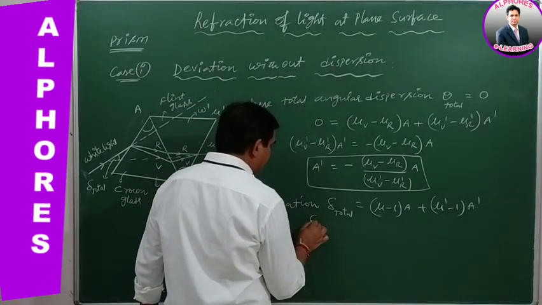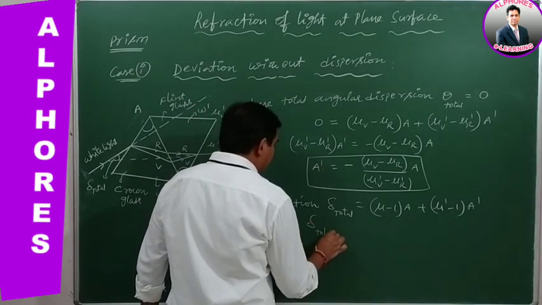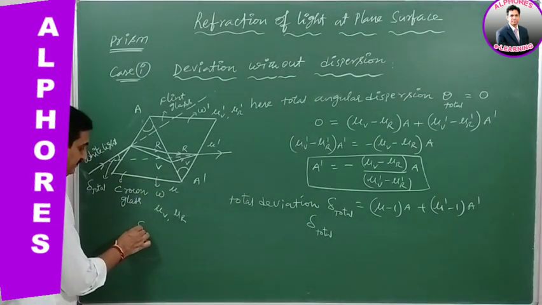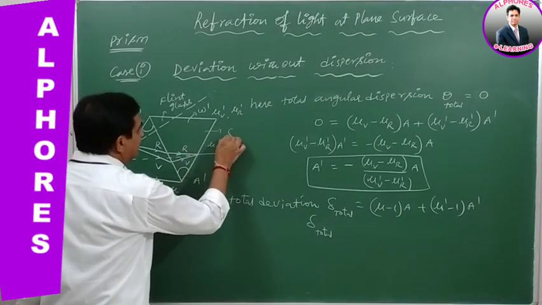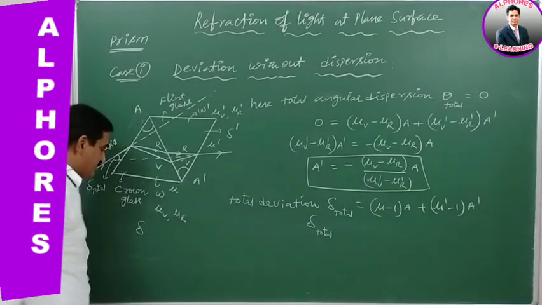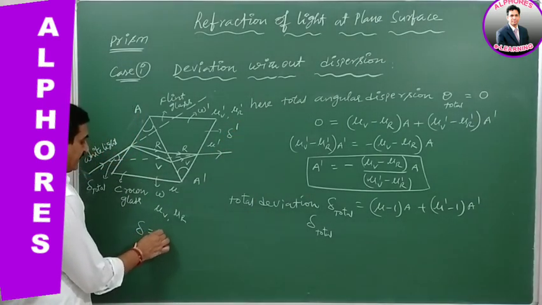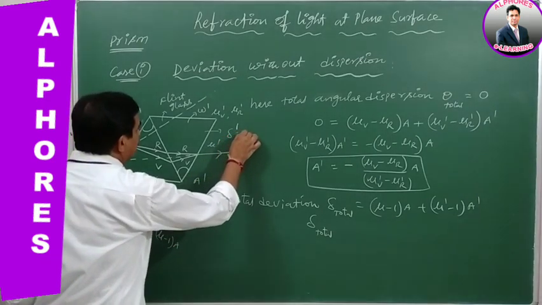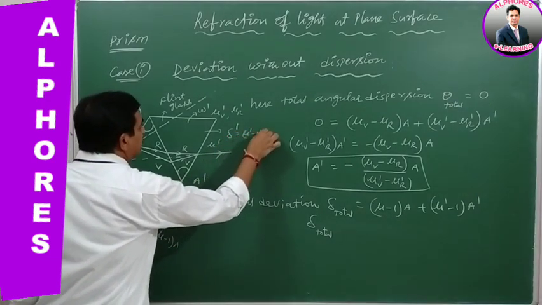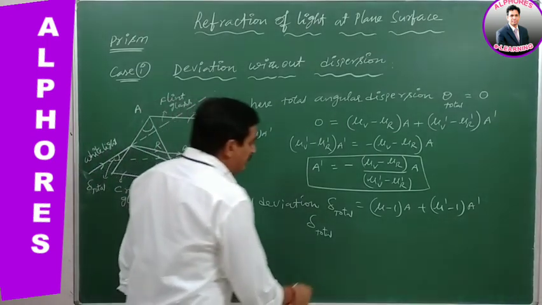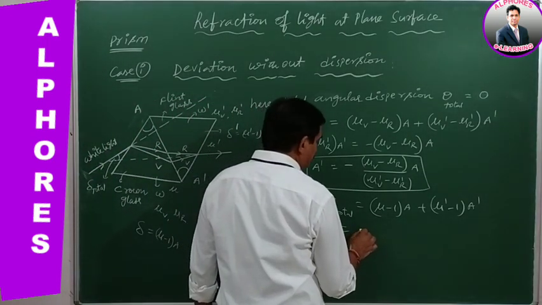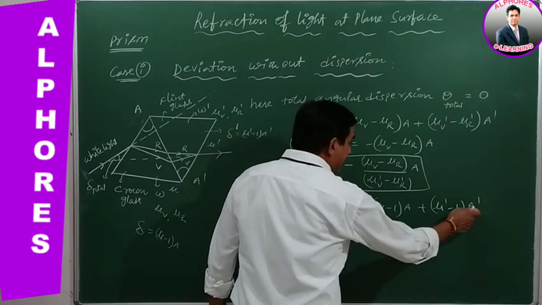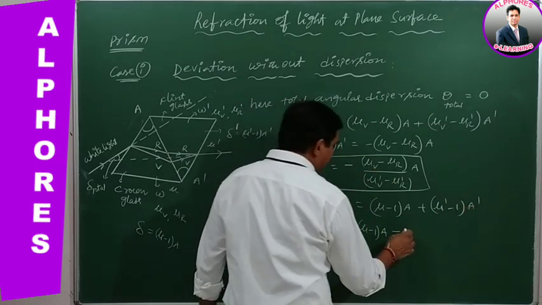By substituting, the first one is giving deviation delta, and the second one is giving delta dash. So we know delta equals mu minus 1 into A, delta dash equals mu dash minus 1 into A dash. Okay, now here mu dash minus 1 into A dash equals minus of this one.